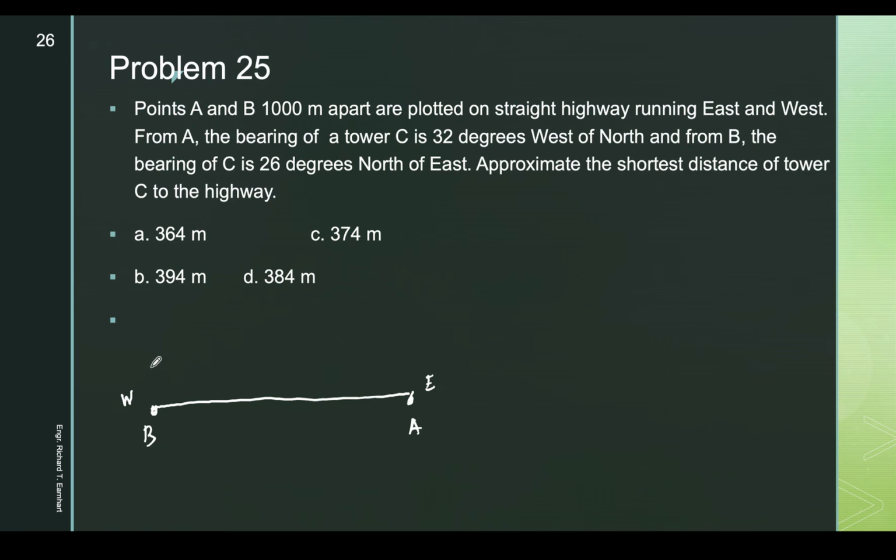So draw here your north, and then up. Sorry, this is A. So your north. Okay, from A, the tower is 32 degrees west of north.